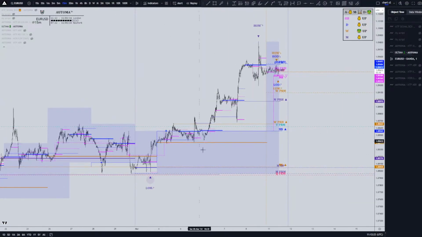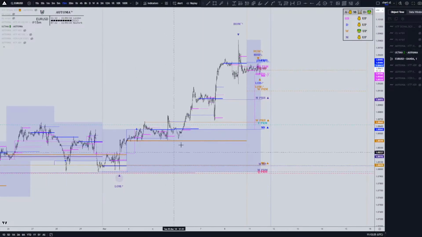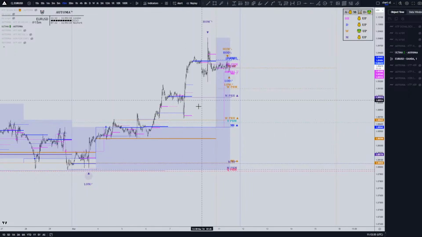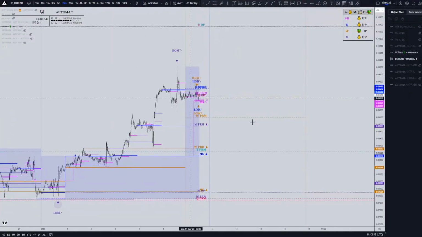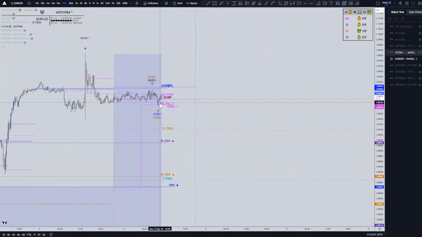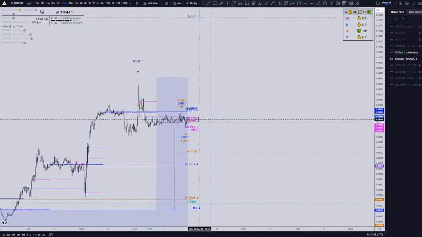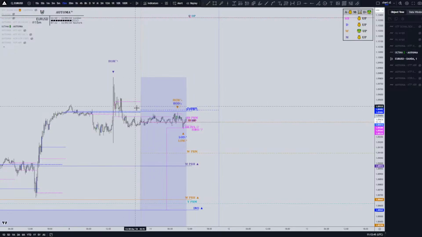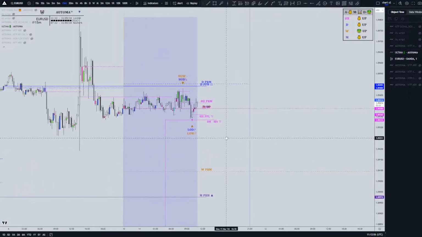So in the cloud we accumulated, we broke out of the daily's market structure cloud, so we were in the daily's trend stage, it came back in the cloud, so we are again reaccumulating at this stage, but weekly is already in the trending stage. So what does daily do? Daily pulls back, reaccumulating, and now we want to see how daily aligns together with the weekly. So basically, what we need for the daily is a sign of strength.